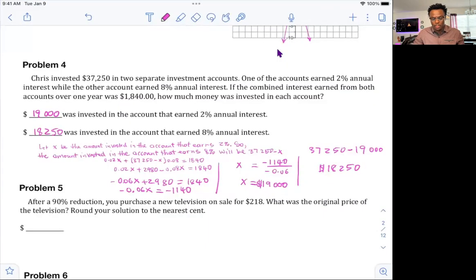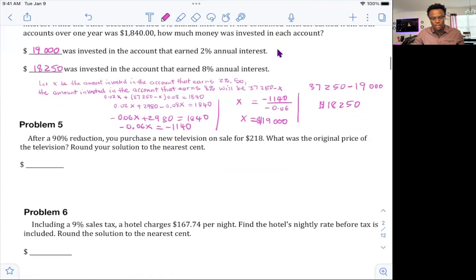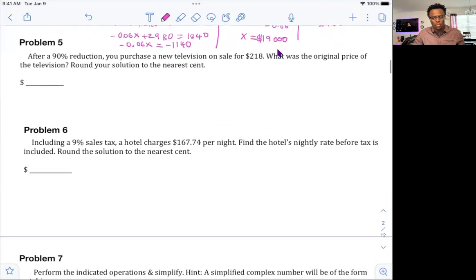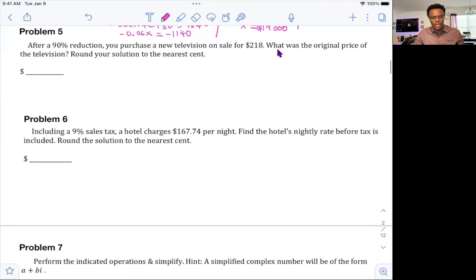Okay, next problem here, number 5. It says after a 90% reduction, you purchase a new TV on sale for $218.